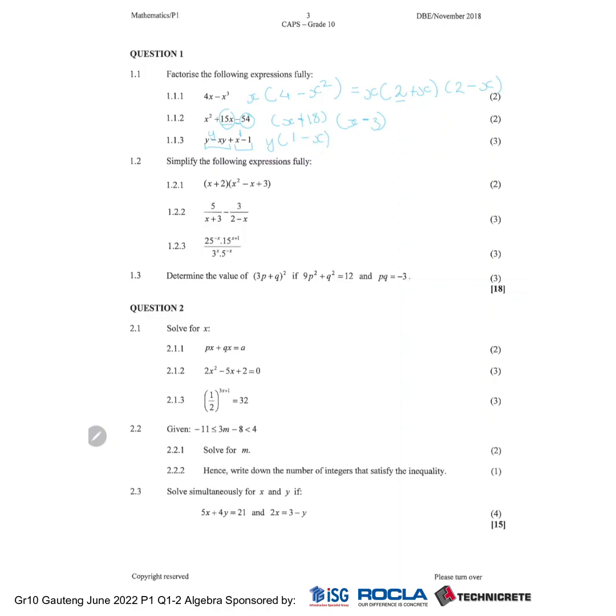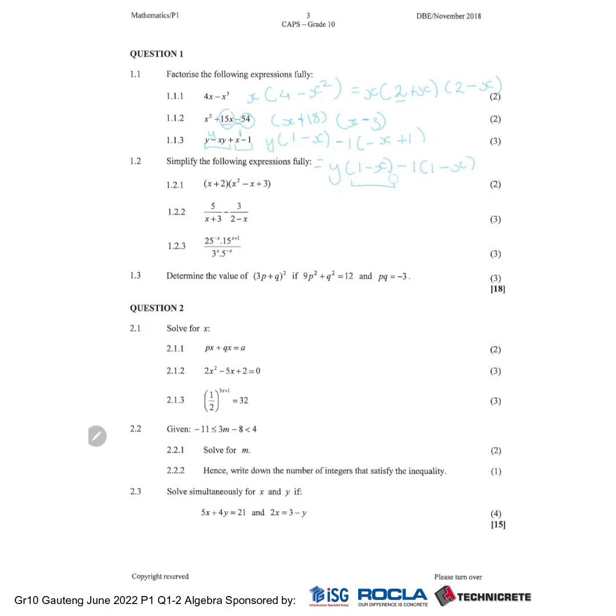If we take out a common factor from the second part, let's take out minus 1. Then we get minus, open bracket 1 minus x, close bracket.